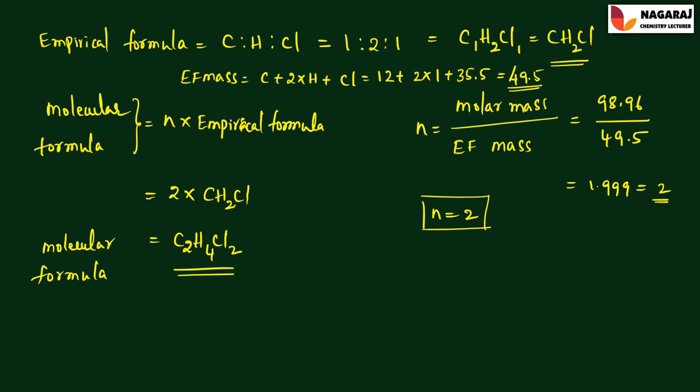And the molecular formula is always n into the empirical formula, where n is 2. 2 into the empirical formula CH2Cl, on multiplication gives C2H4Cl2. So in the examination they may ask any question for 5 marks.